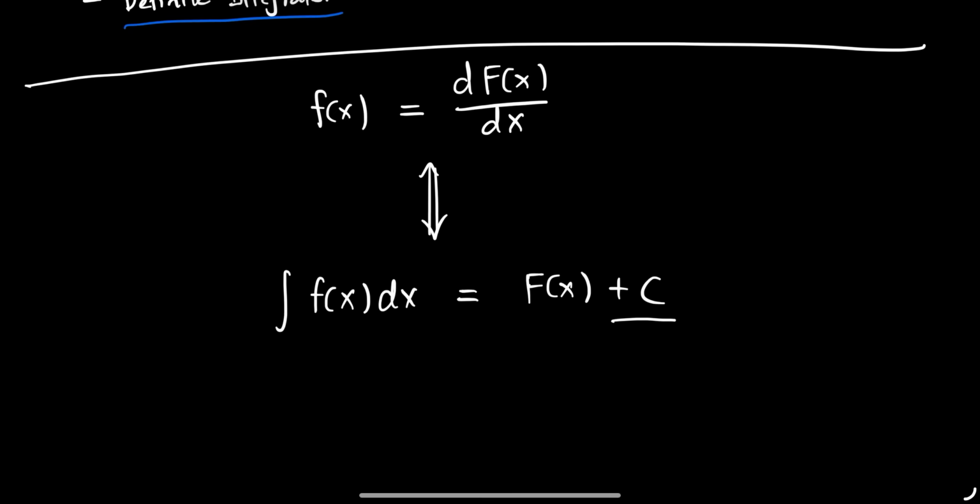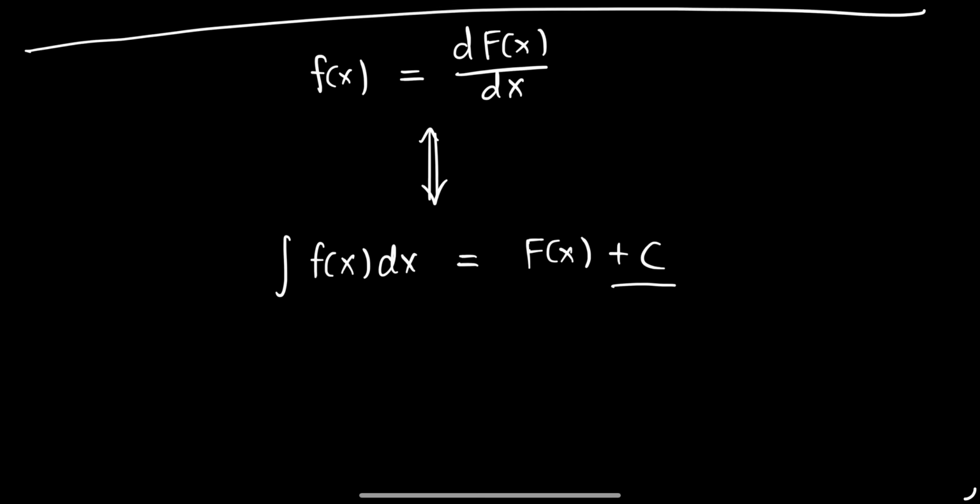And the complete inverse operation is that if we were to differentiate capital F(x), which is the result of the integral of f(x) dx, we get f(x), right? So this proves that these two are complete opposite operations.